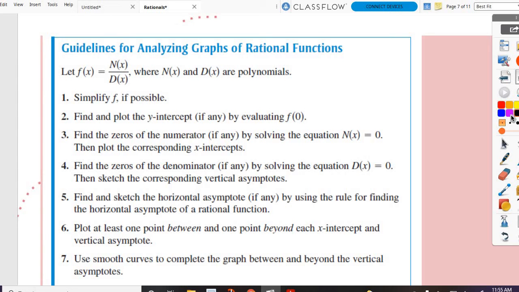Okay? So, the way that I like to describe it, so it says let f of x equal n of x divided by d of x. Okay, that just means it's a rational. I have two things being divided by each other. Our first step, it says to simplify if possible. What it means by that is we're going to factor. So we're going to factor and simplify if we can.